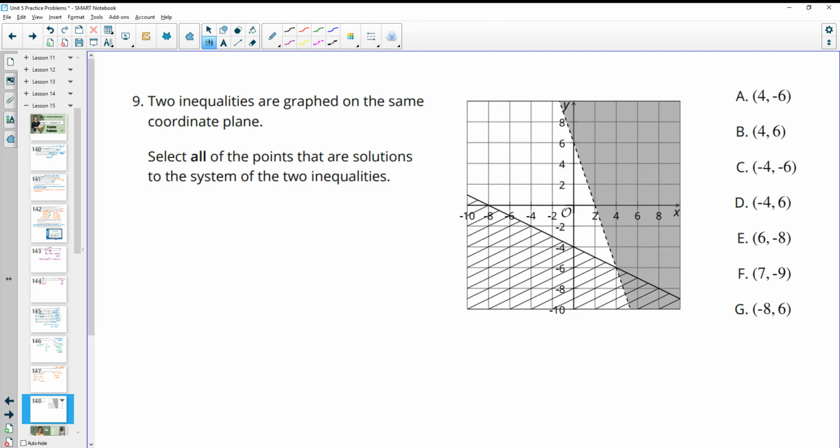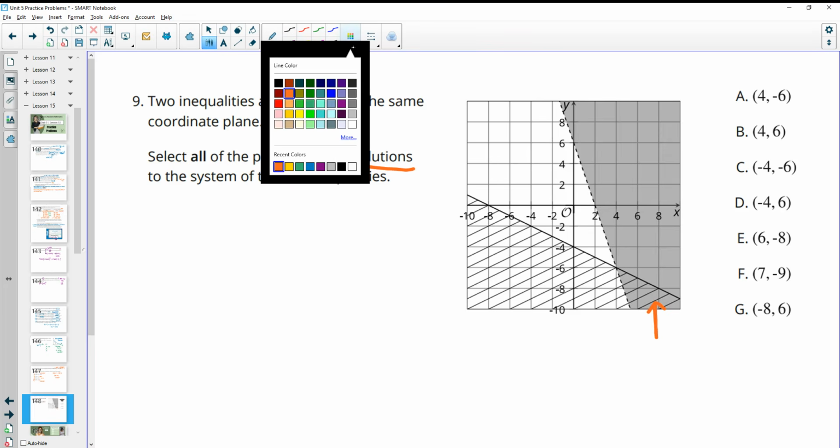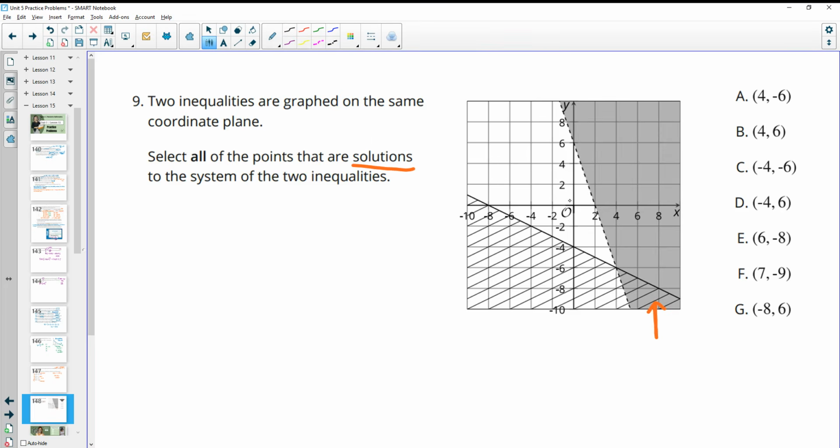Number 9, two inequalities are graphed on the same coordinate plane. Select all of the points that are solutions to the system. This means that they need to be in the overlapping region. So they need to be solutions to both, which is going to be right here. So if we take a look at A, so A is the point 4, -6.